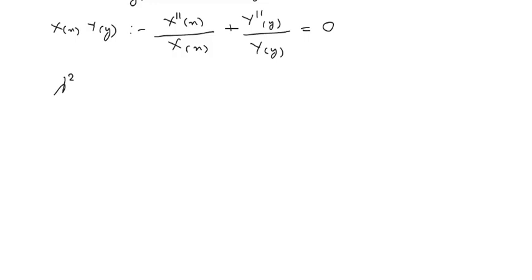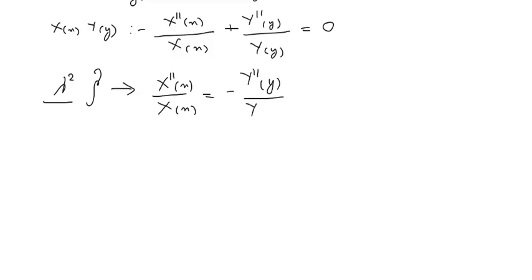So now further solving it, X''/X is equal to minus Y''/Y, which is equal to minus lambda square. Since both sides are equal, now we have two separate ordinary differential equations.